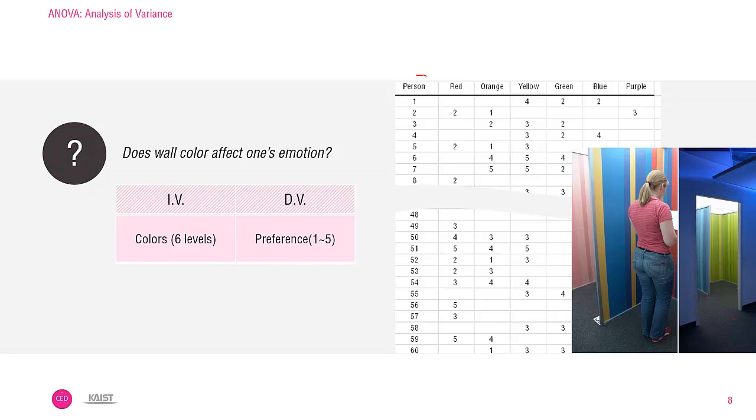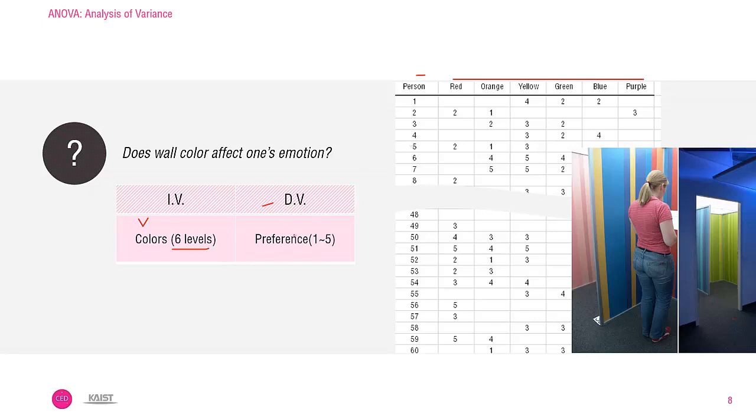Regarding this experiment, the research question could be whether wall color affects one's emotion, or whether wall color can elicit one's emotion. There is one independent variable and one dependent variable. The independent variable has 6 levels, including red, orange, yellow, green, blue, and purple.